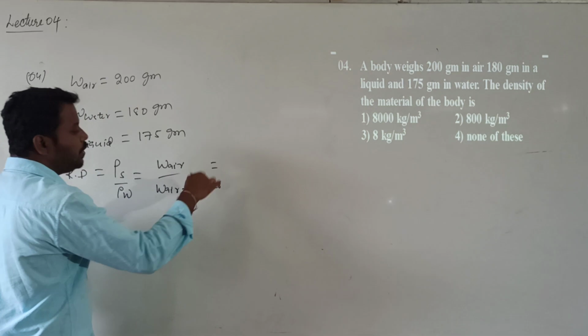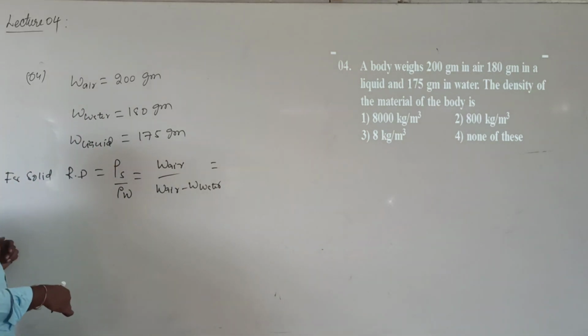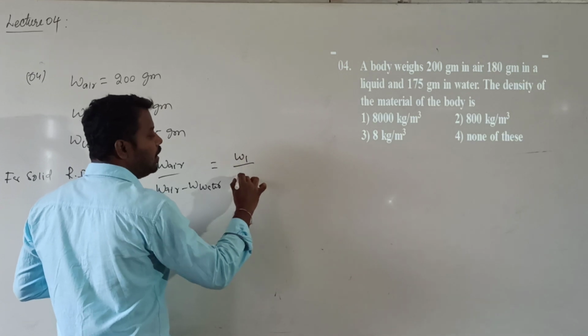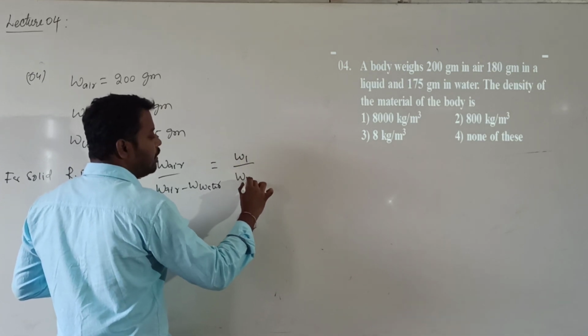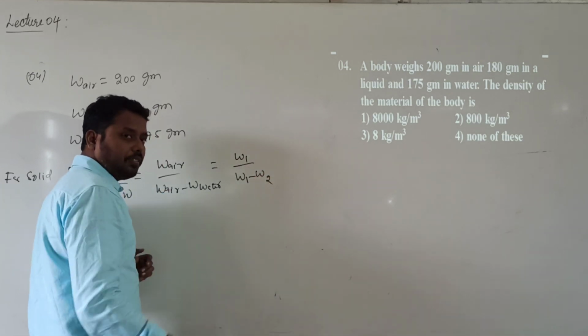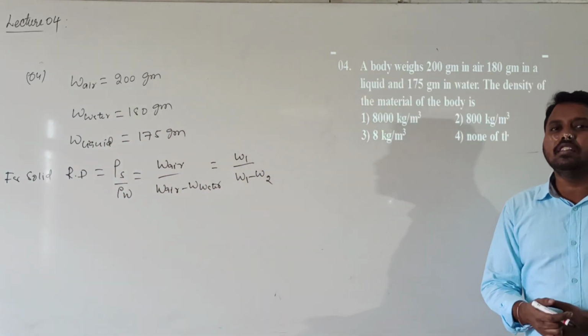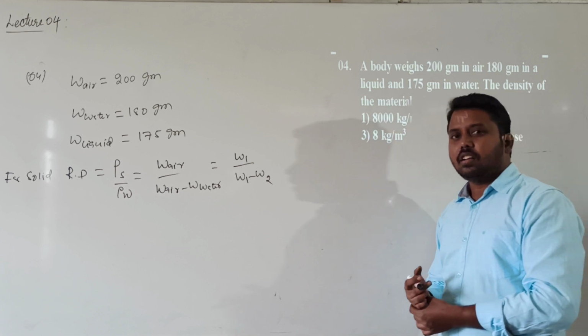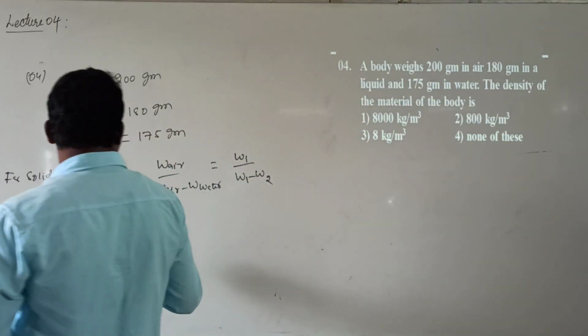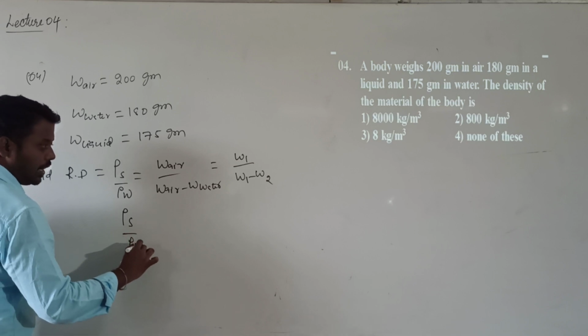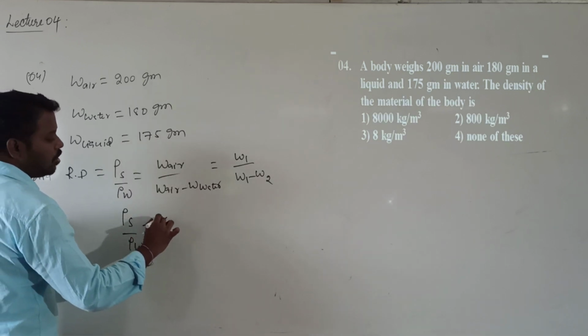So it is the loss of weight in water. That is the formula for relative density. In the synopsis it is written as W1 divided by W1 minus W2, where W1 is the weight of the body in air and W2 is the weight of the body in water. Okay, now how much will rho S divided by rho W be equal to? W1 value, how much?